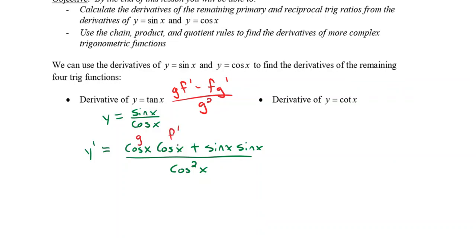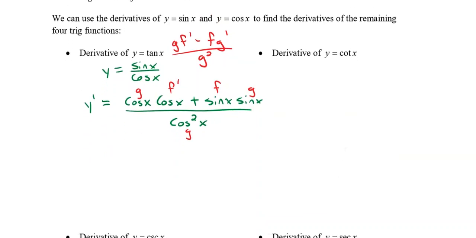F prime was my derivative of sine, which is cos. And then f was sine, and this would have been minus to begin with. And then g prime was negative sine. That's why this became a plus, because it was minus and negative, so plus. And then that was our g there. Hopefully you can see that.